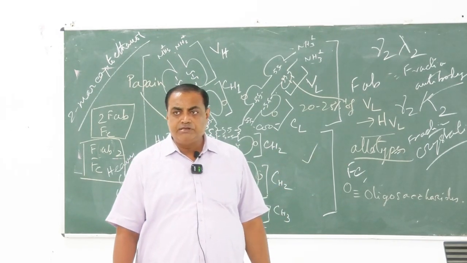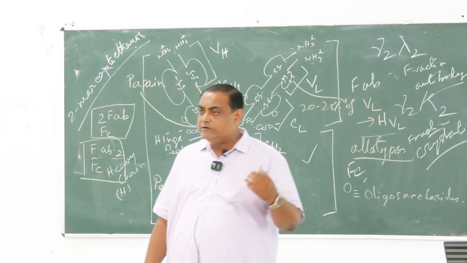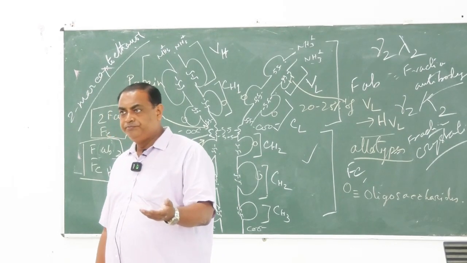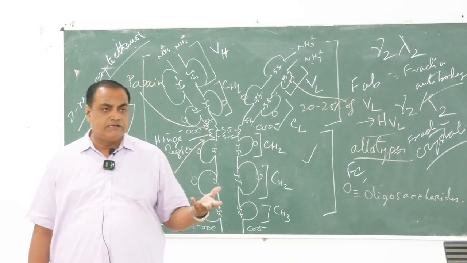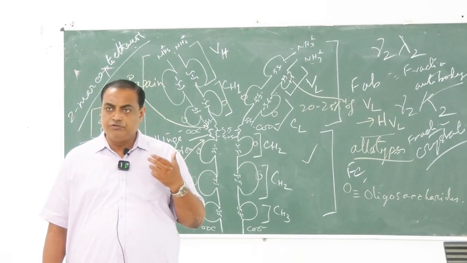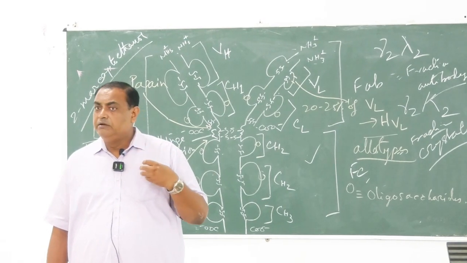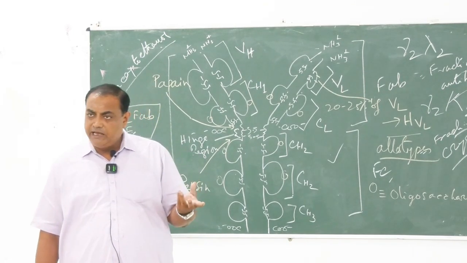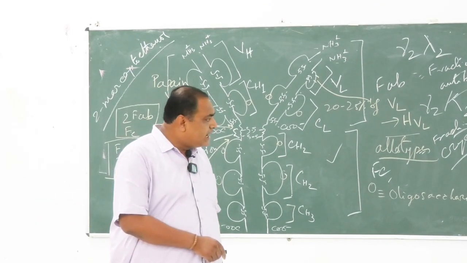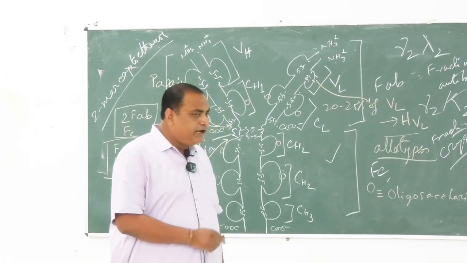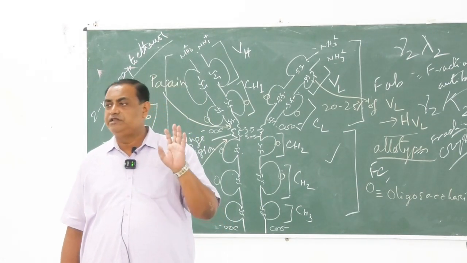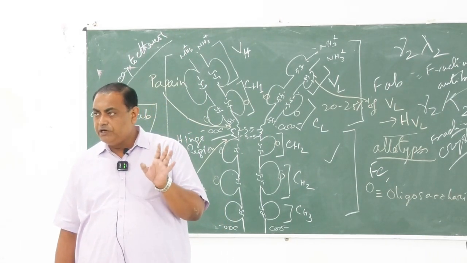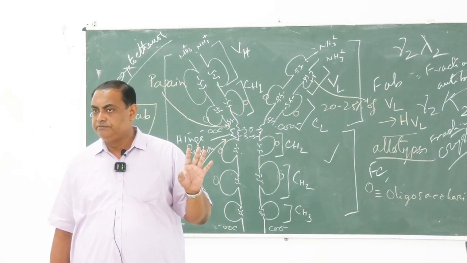The dimeric form is called IgA with secretory component. IgA is found in secretions, tears, breast milk, right? All the secretions will contain IgA. So the IgA molecule which has this secretory component can only be found in secretions. Without the secretory component, they will not be found in secretions. Clear?